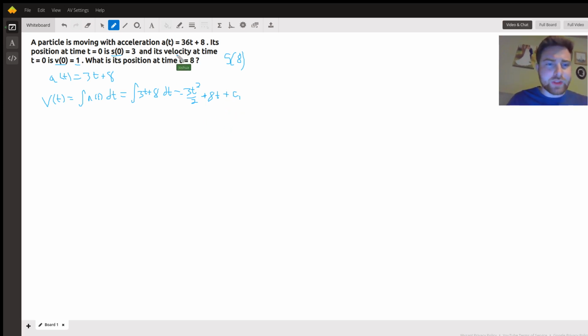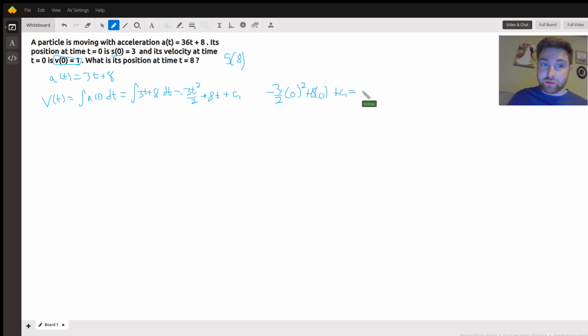Something interesting, we're actually given velocity at time 0 equals 1. So this is saying that when we input 0 into this equation, we better get 1 on the output. So let me plug in 0. 3 halves times 0 squared plus 8 times 0 plus C1.